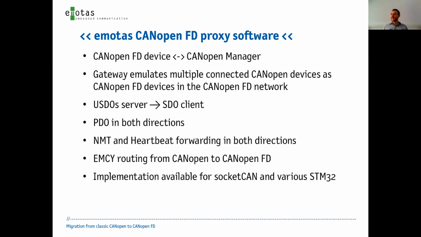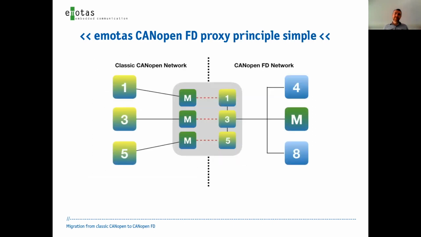PDOs, NMTs, and heartbeat messages are forwarded in both directions, and we have this implementation available for multiple targets. I would like to look a bit deeper into this CANopen FD gateway software. So basically, there are two options.